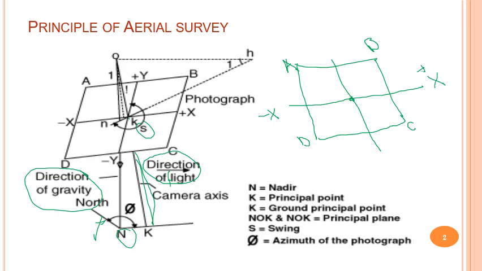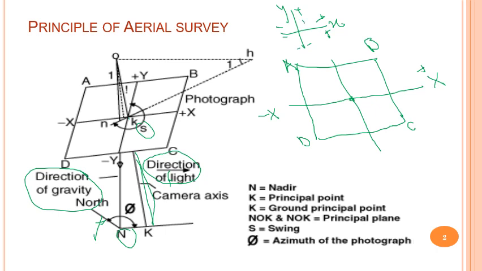According to the Cartesian coordinate system, here this is the x and this is the y, with plus and negative signs.